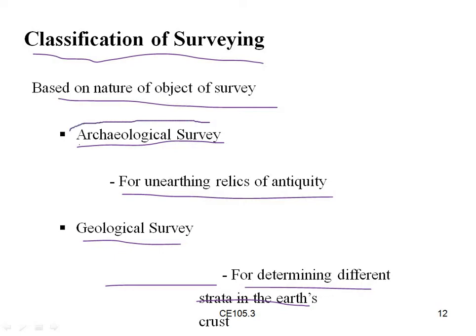Those are called the archaeological survey. So they do research on the olden ages of kings and kingdoms, on the previous places where the historical places are. That will be done in the archaeological survey. That's why they find out new things daily in their survey department.